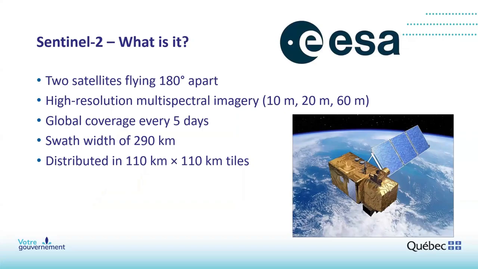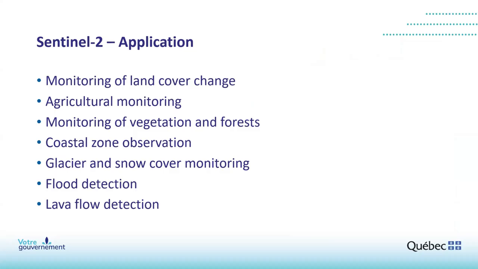For those who don't know, Sentinel-2 is a two-satellite mission from the European Space Agency, providing multispectral imagery at 10 to 60 meters resolution. This twin configuration allows global coverage every five days, which makes it ideal for large-scale change detection and monitoring.